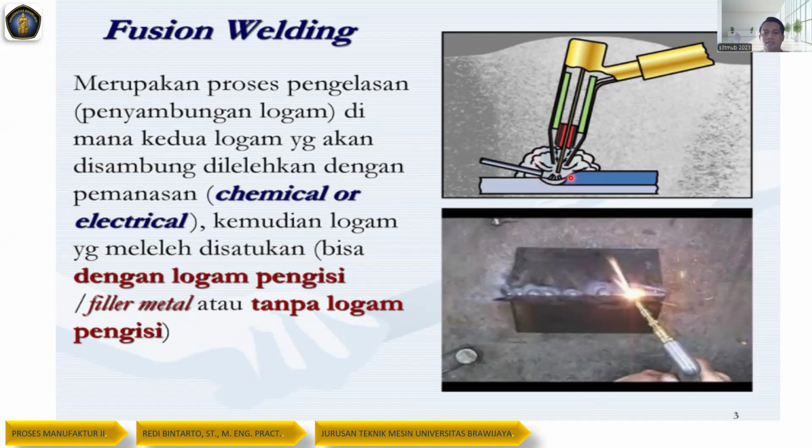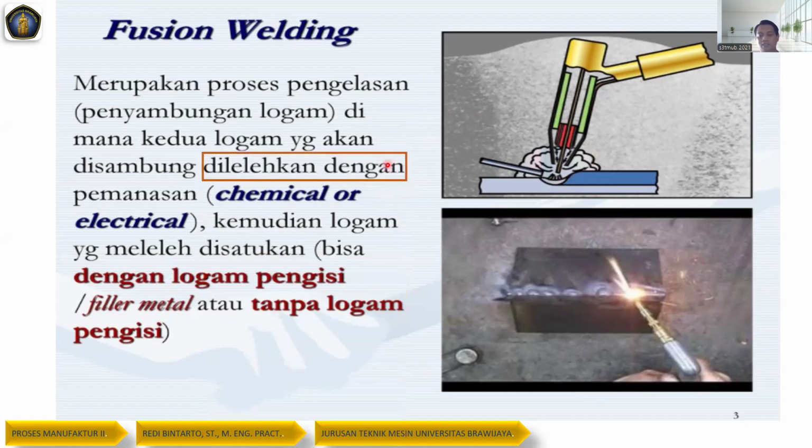So the metal gets the heat input and becomes molten. Some of these kinds of welding use filler metal, and some types of welding do not. But the quality of the welding depends on the welder itself and the condition of the welding.